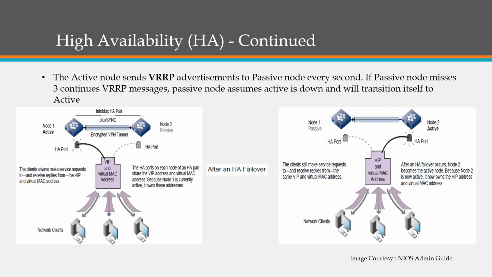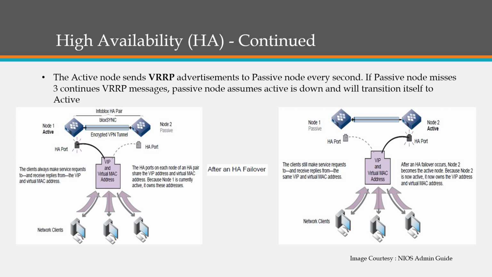Okay, so now you must be thinking, we have two appliances configured in HA, so how is it really useful? That's what this slide explains. As you can see, we have two nodes, node 1 and node 2.